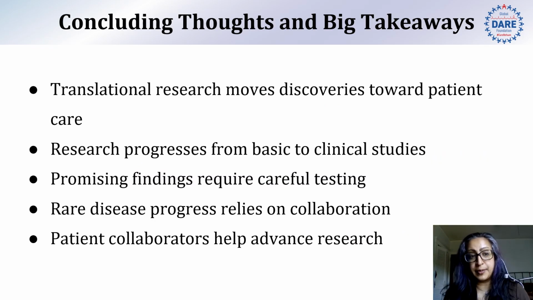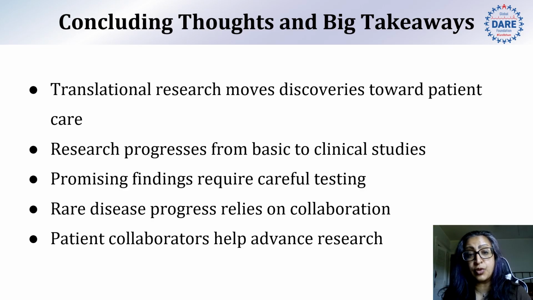So to wrap up, I will repeat that translational research is what helps turn scientific discoveries into real-world treatments that can improve patient care. We've seen that this process happens step by step, from understanding the biology of a disease to testing potential treatments in preclinical models and eventually evaluating them in clinical studies.